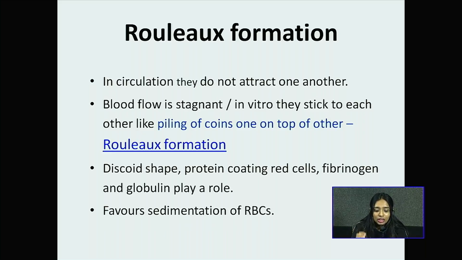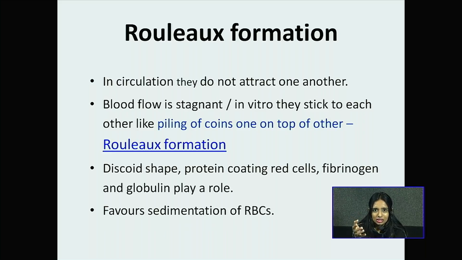Now, fibrinogen and globulin play an important role in it. Fibrinogen is a protein that reacts with sialic acid on the surface of RBCs and tends to form Rouleaux. So mainly fibrinogen is responsible for Rouleaux formation of RBCs outside the body. This also favors sedimentation of RBCs.